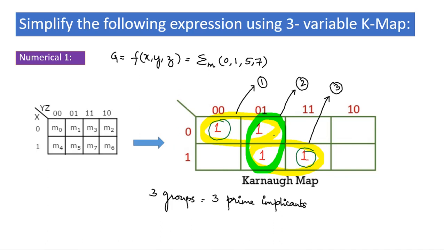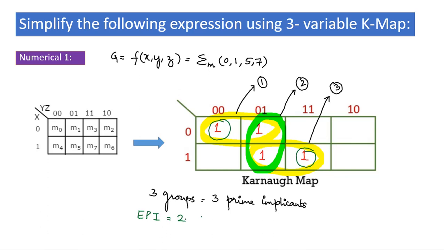Whereas here you can see both of these minterms are present either here or here, in the yellow group or the green group. So what I can see is that there are 2 essential prime implicants. So the number of essential prime implicants, which is in short written as EPI, will be equal to 2.